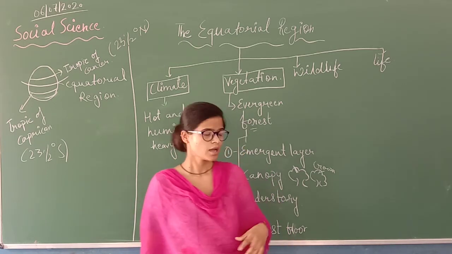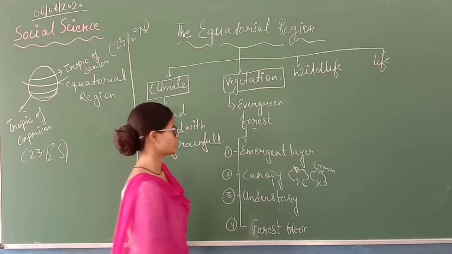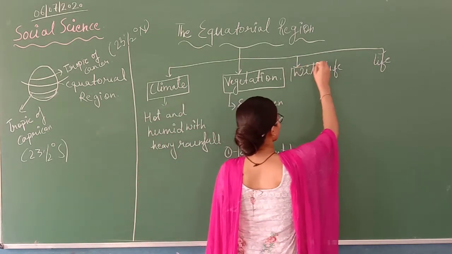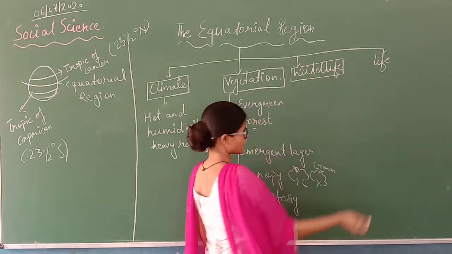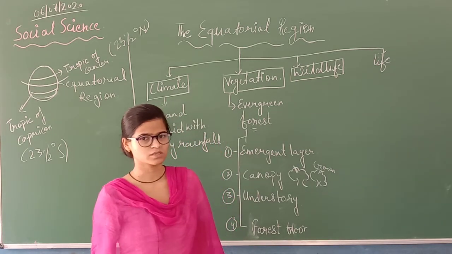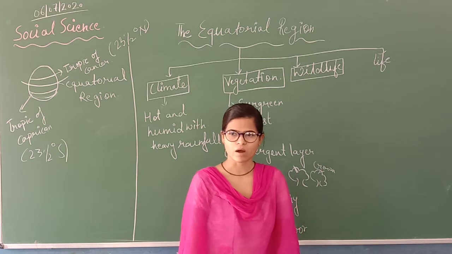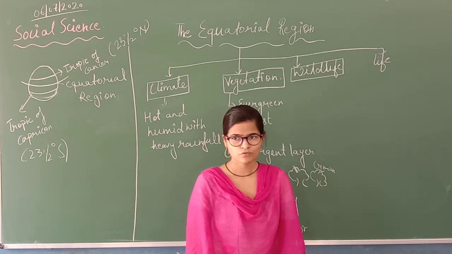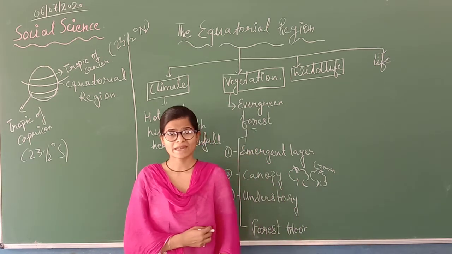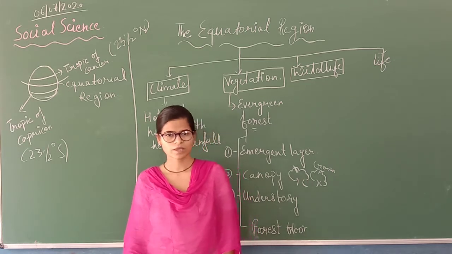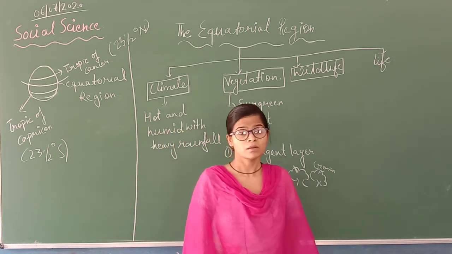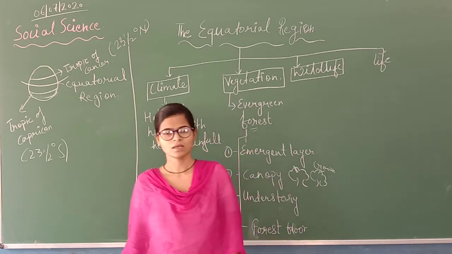Now comes wildlife. Wildlife itself is saying wild animals. So here a lot of wild animals are found, and you will be able to see a variety of animals, for example monkey, chimpanzee, lizard.